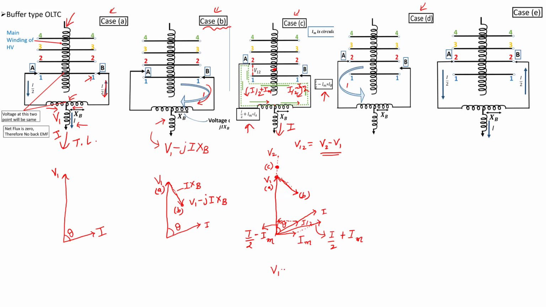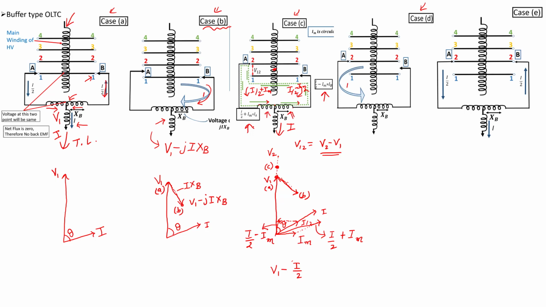V1 minus I by 2. Here you have to understand one thing: half of the current is going through this winding, and half of the current is going through this winding. Total I is shared between these two parts.